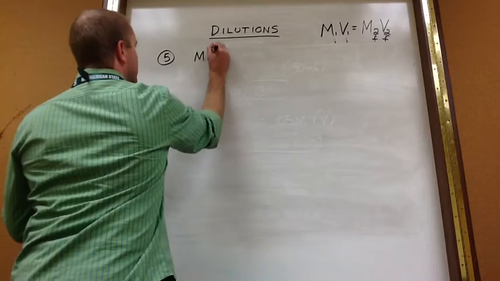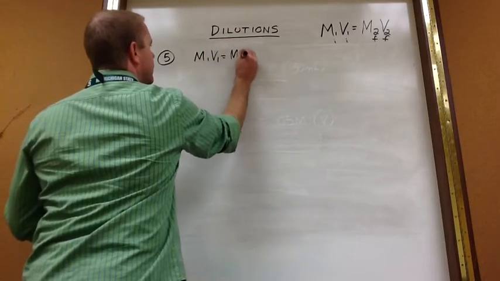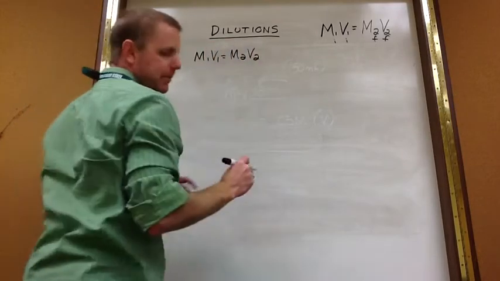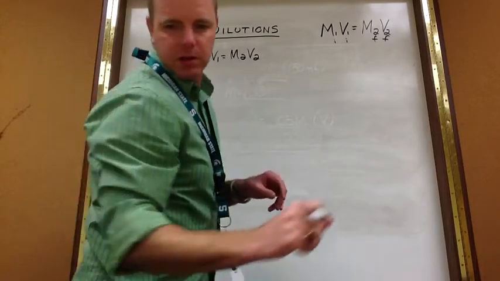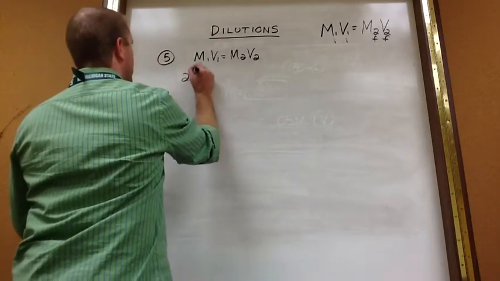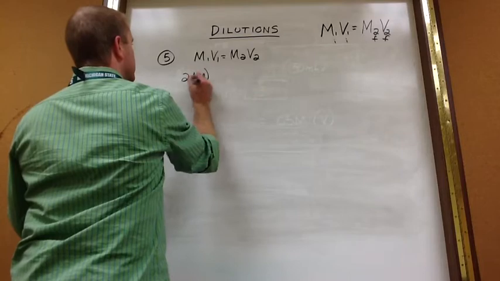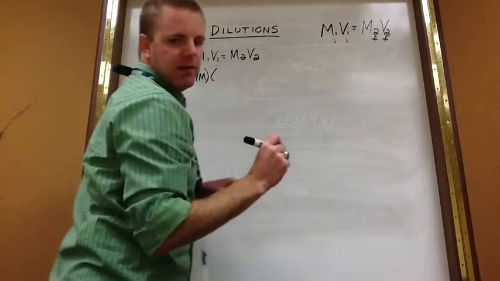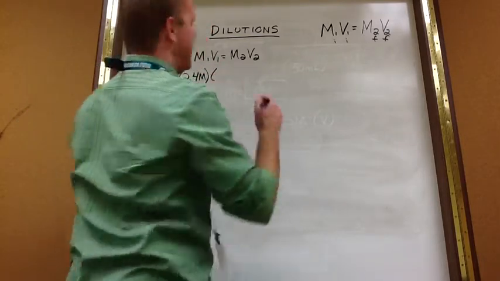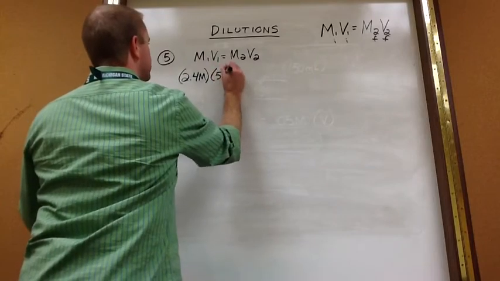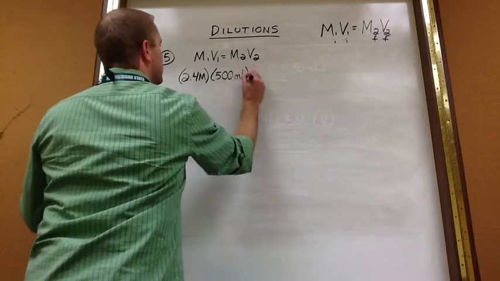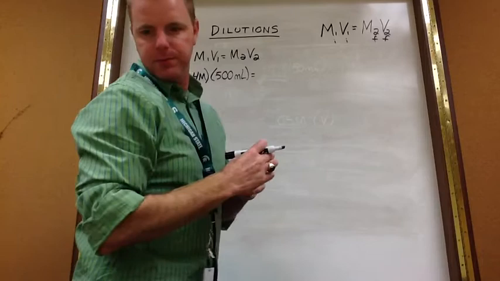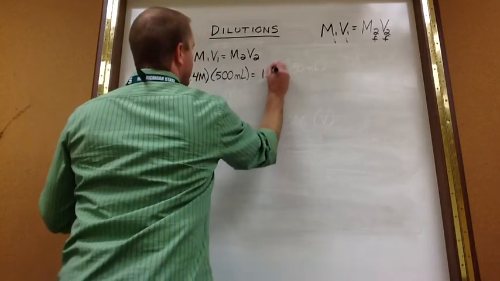So, M1V1 equals M2V2, right? So here we go. 2.4 molar times a volume, and that volume is going to be 500 milliliters. That equals 1 molar.